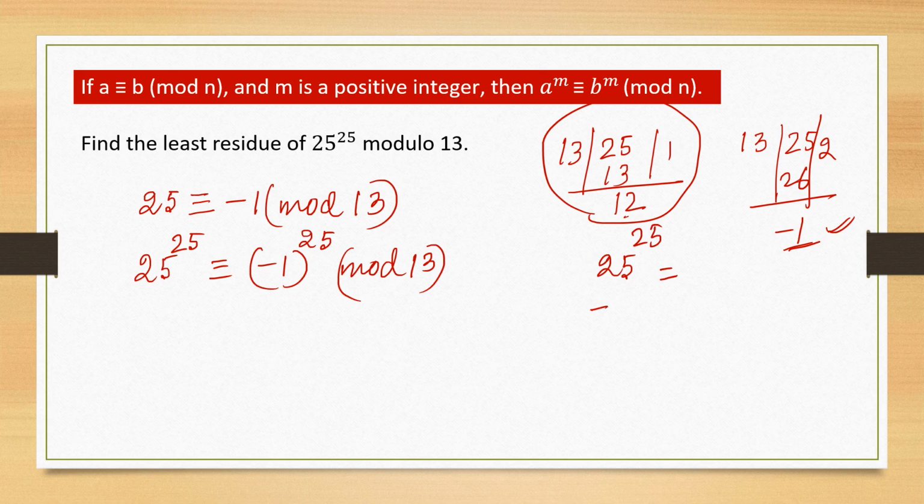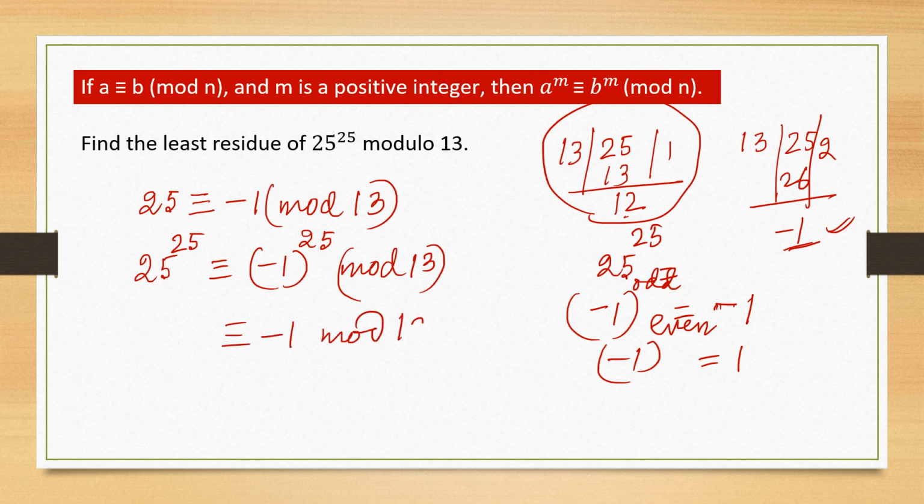And you know that negative 1 to an odd power is negative 1, and if the power is even, you will get positive 1. So this will be negative 1 modulo 13. Then is the least residue negative 1? No, because a residue is always written as positive. So I'll write 13 minus 1, that is 12, as the least residue.